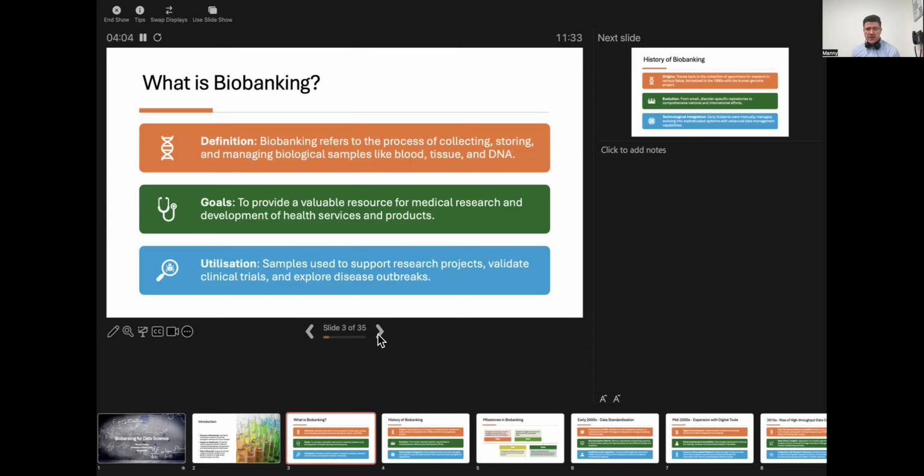And the idea is striking a balance where you have maximum access to research while preserving the identity and the consent forms from the patients from which data was collected in order to honor and fulfill the specific purposes for which those samples were collected. That's where the ethical aspect comes in.